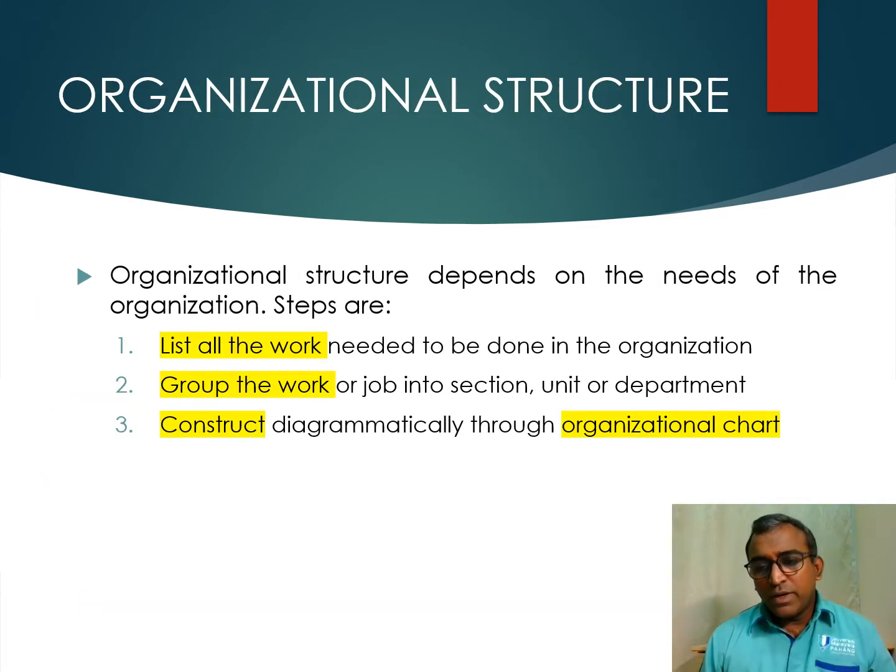Once you have managers, CEO, you also have COO. You need to put them with what task, what work to be done. So this is under the organizational structure, where you can build it by using these 3 steps.